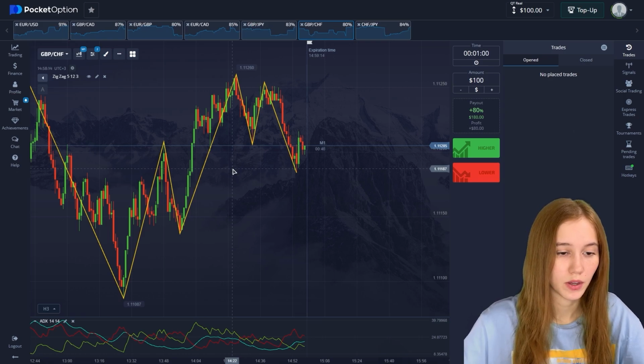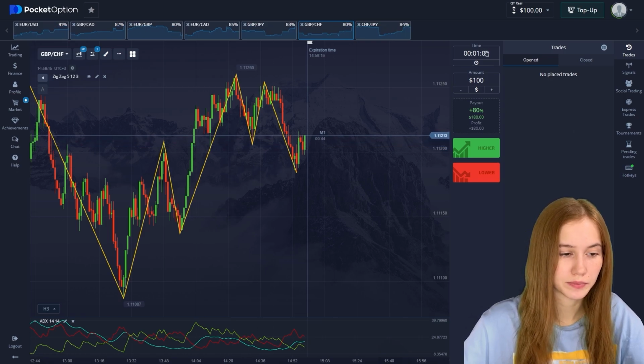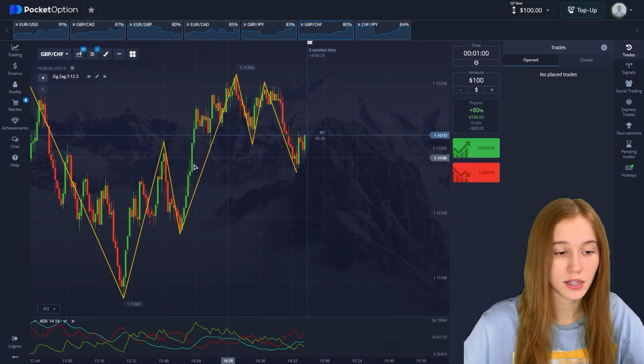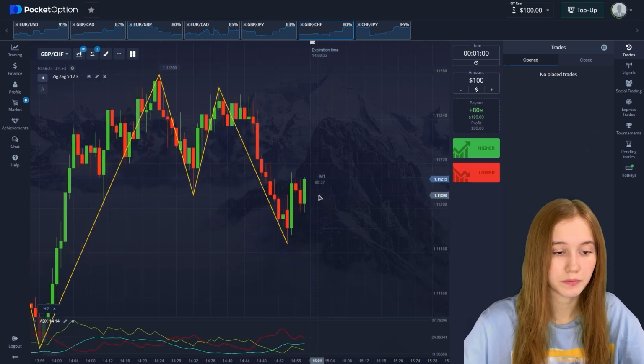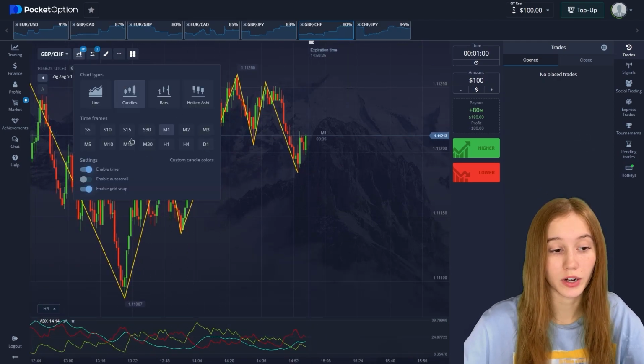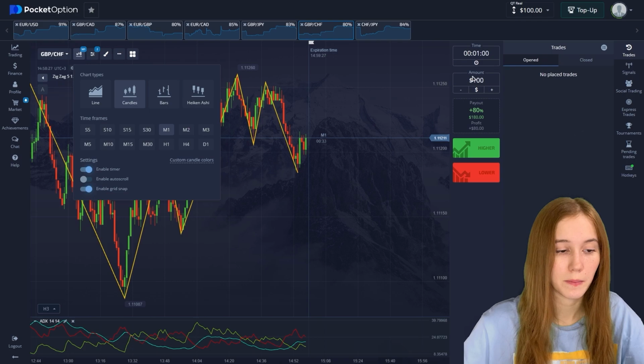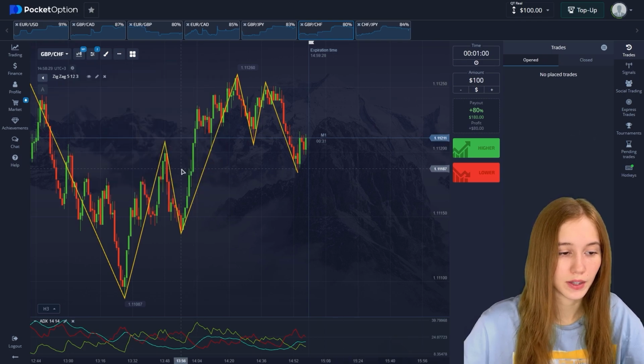So what's more here, the deal time is 1 minute and we enable the one-minute time frame in the settings here. So, correct.